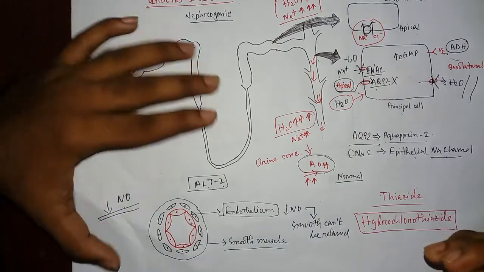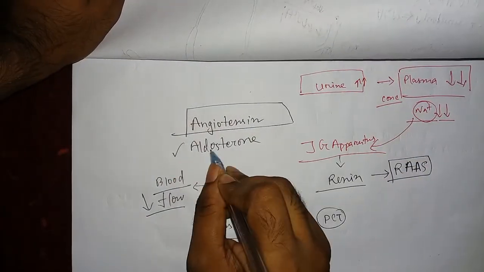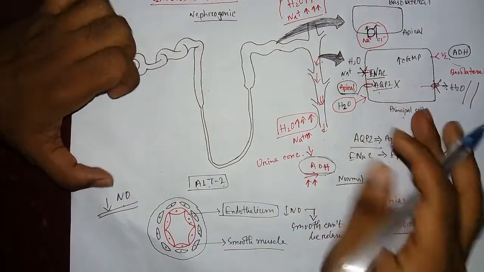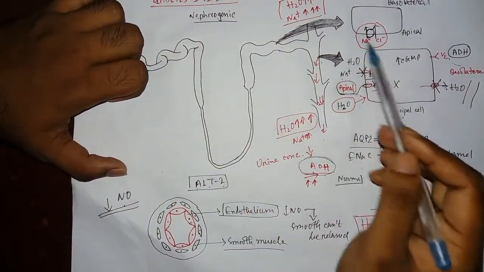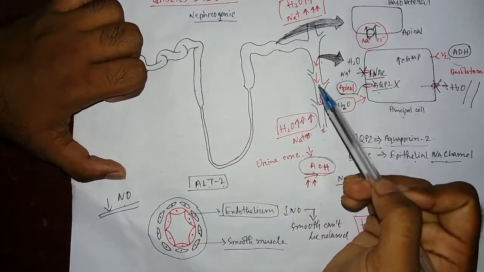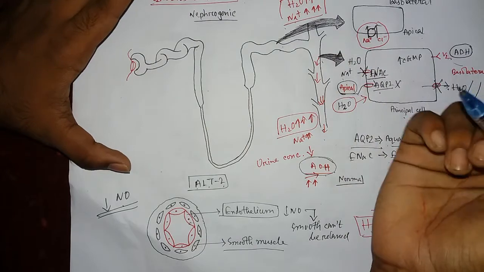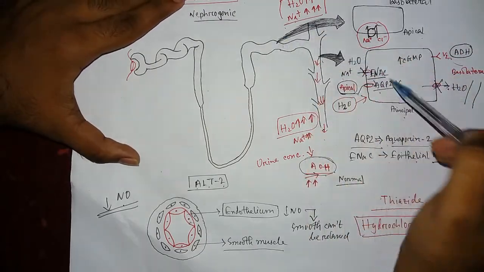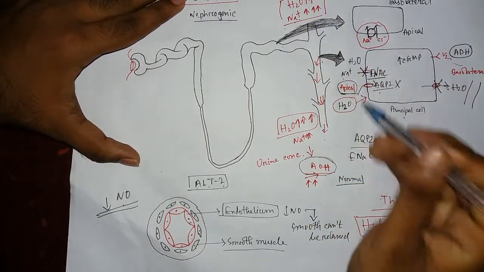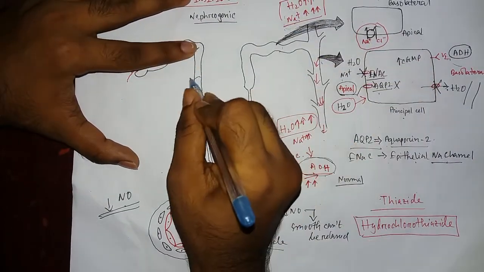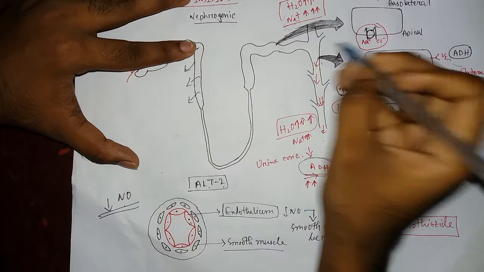And as a result of the increasing level of aldosterone, more sodium will be absorbed from all over the nephron, and because the sodium concentration in the plasma decreases due to the working of thiazide, the sodium level is decreasing, so more sodium will be reabsorbed, mainly from the proximal convoluted tubule.